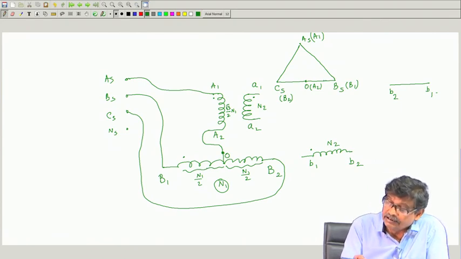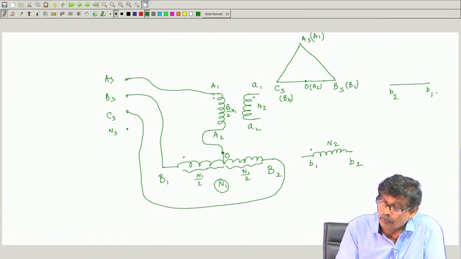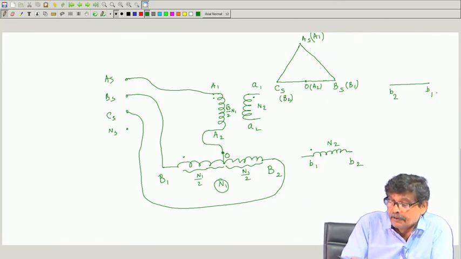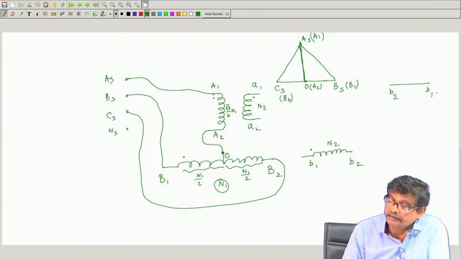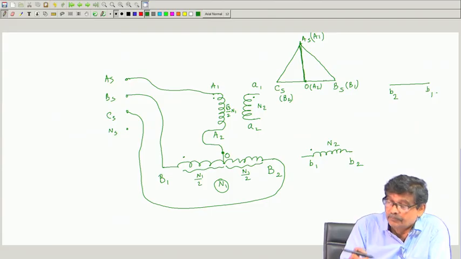And this is A1. So, the voltage applied across the primary of transformer A is this vertical line.